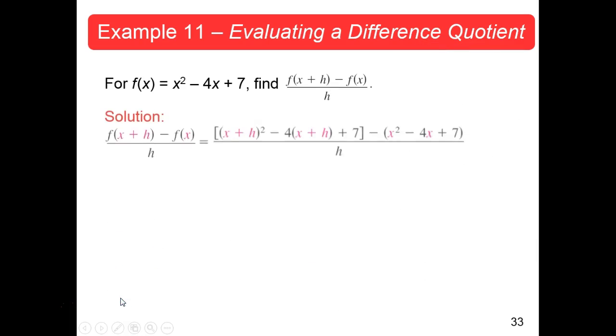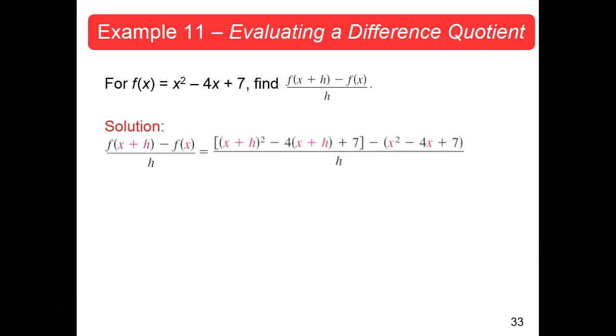Okay? Well, they started off with f of x plus h, that's what this is, minus f of x, that's what that is, divided by h. Okay? Now, to do this, they squared the binomial, that's what they got. They distributed the minus 4, that's what they got. They brought down the plus 7, and then they negated everything over here. Perfect. Divided by h.